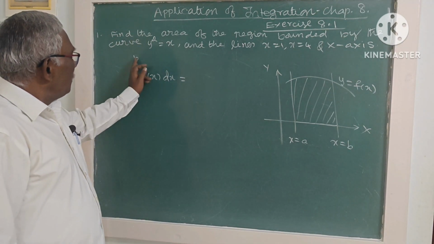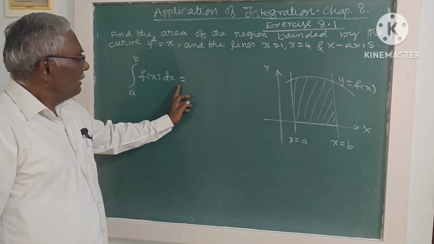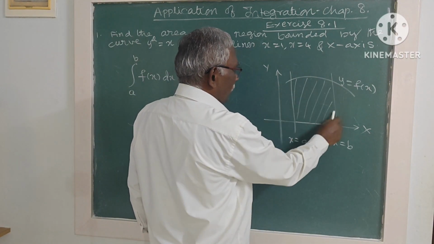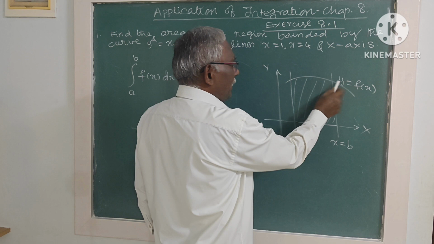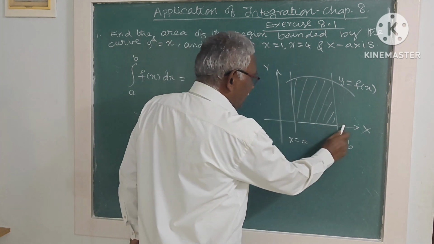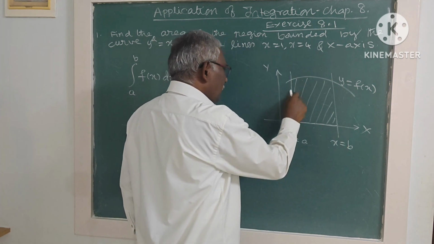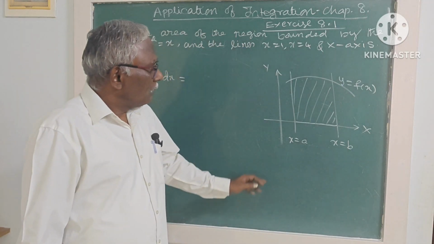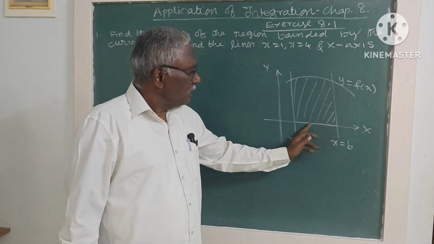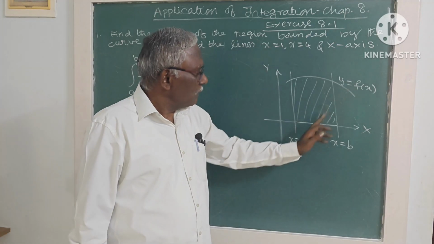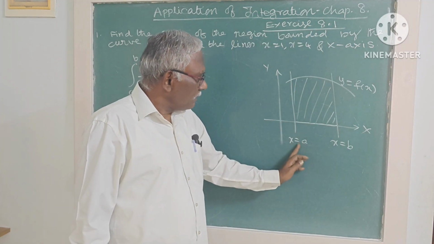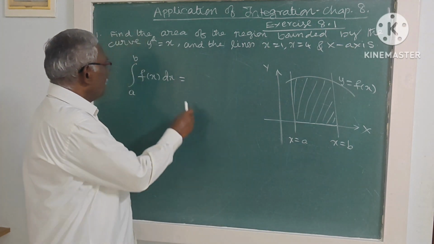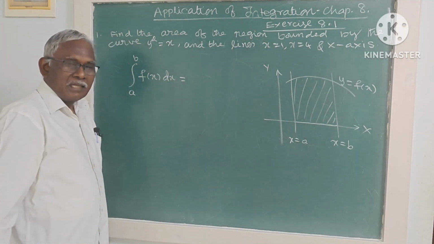So integral a to b f of x dx is nothing but the area of the region bounded by the curve y is equal to f of x, the x-axis and the ordinates x is equal to a and x is equal to b. To find the area of this region, we have to go back to this definite integral.